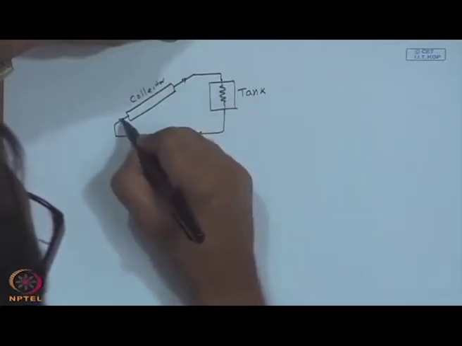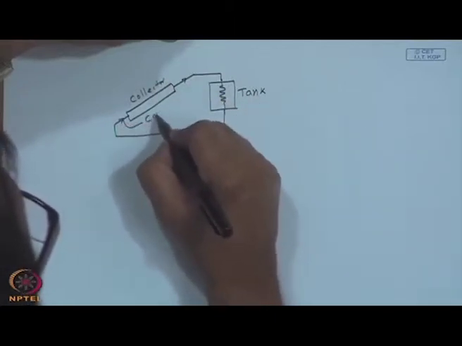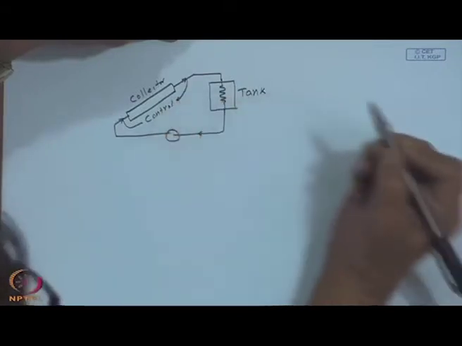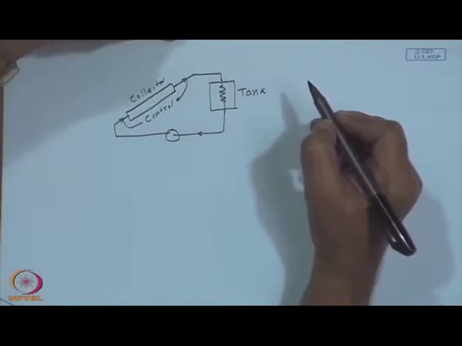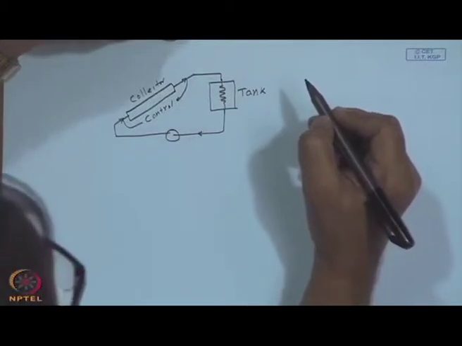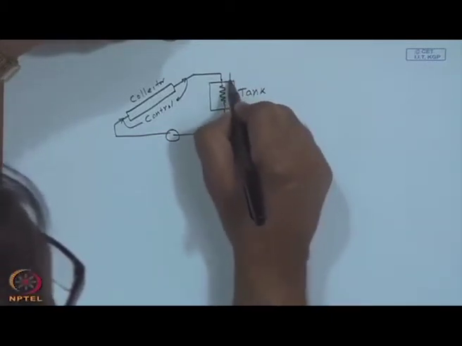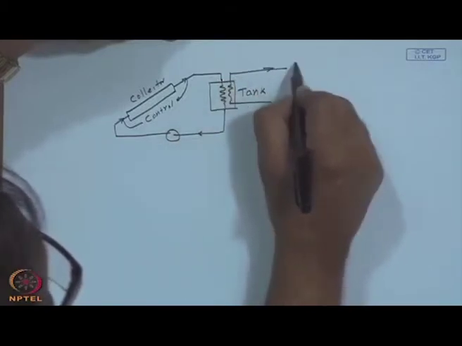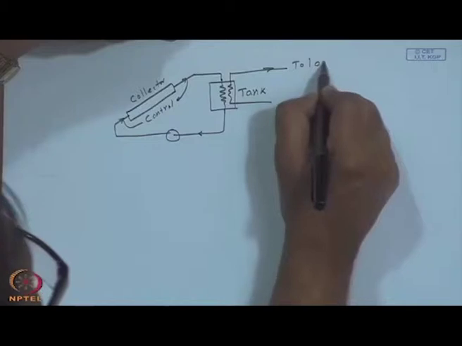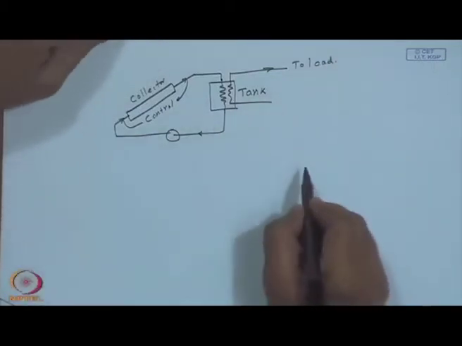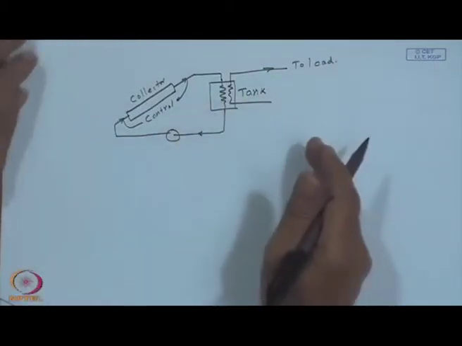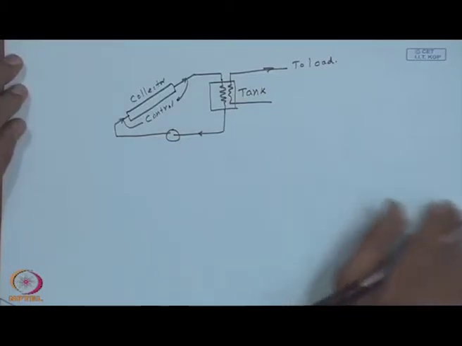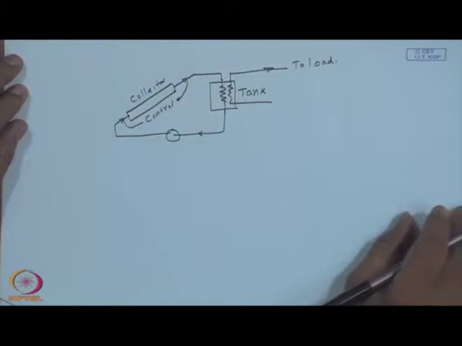Still, if I want, I may have a control which ensures that the exit temperature is higher than the inlet temperature. From here, I may take it to the load. So, if there is no heat exchanger, I can assume effectiveness to be unity. That will come to about its simulation later.